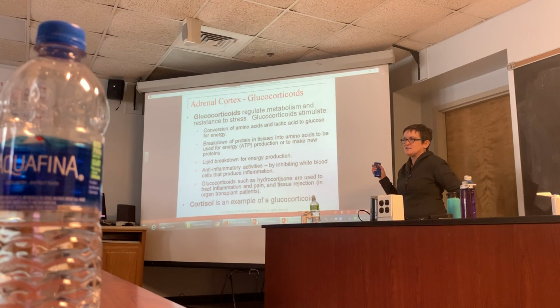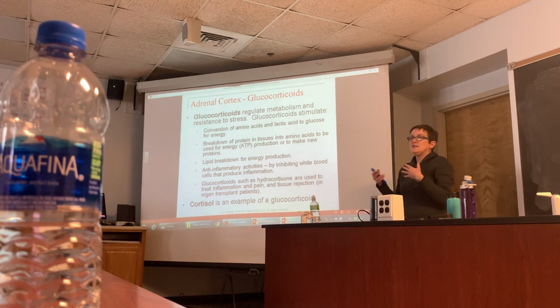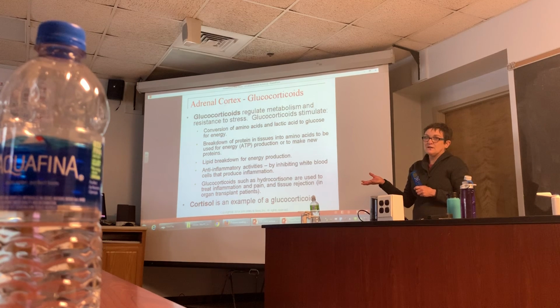Glucocorticoids are also used to deal with tissue rejection, because that's a big problem for people who get organ transplants. The white blood cells might try to reject that foreign tissue in the body. If you have a kidney, liver, lung or heart transplant, your white blood cells are going to sense that as something foreign, mount an immune response and try to get rid of it.